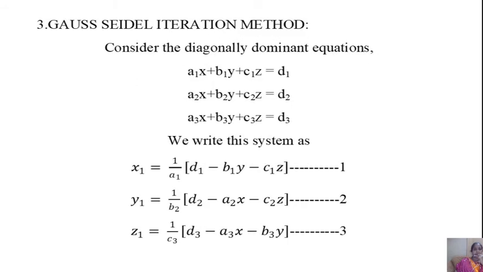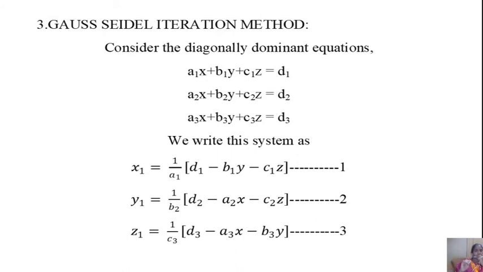Next we have the Gauss-Seidel iteration method. Consider the diagonally dominant equations a1x plus b1y plus c1z is equal to d1, a2x plus b2y plus c2z is equal to d2, a3x plus b3y plus c3z is equal to d3. Here we write the system in the form where we want the value of x, so we send all the other elements to the right hand side.